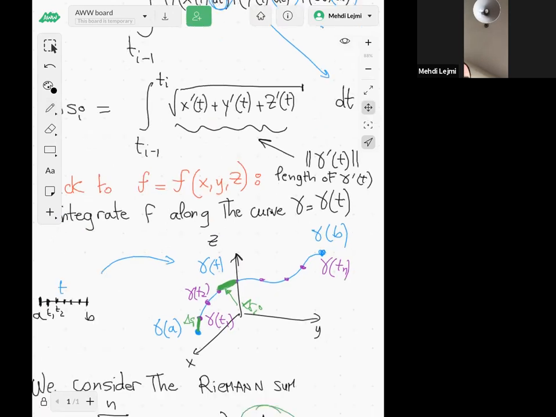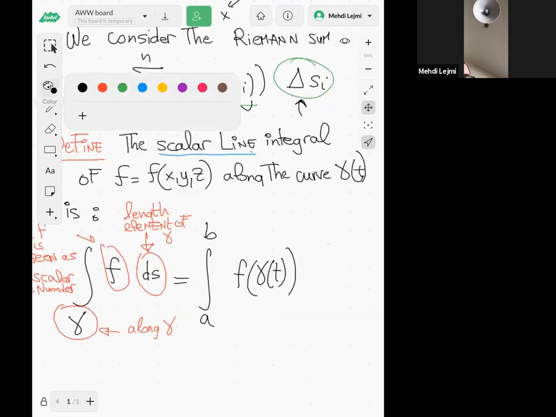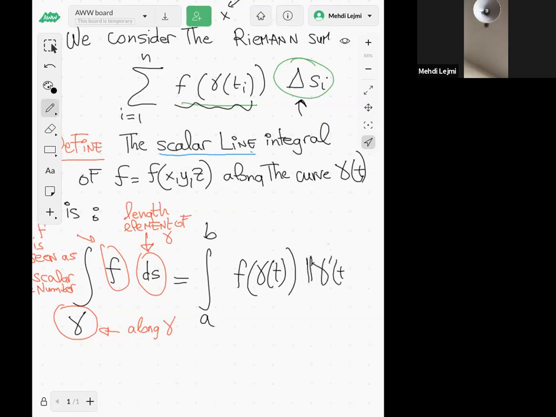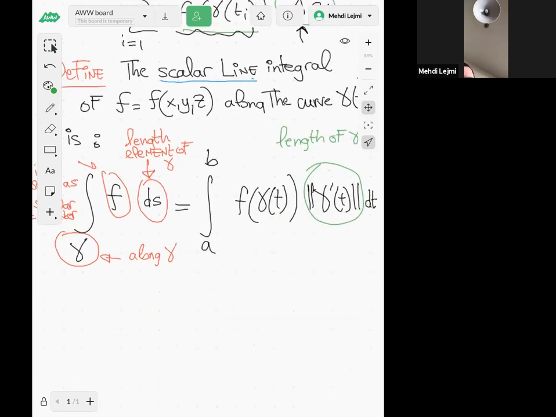So in this integral, we have the length of gamma prime of t, dt. What's this length of gamma prime of t? Let me just finish the definition here.